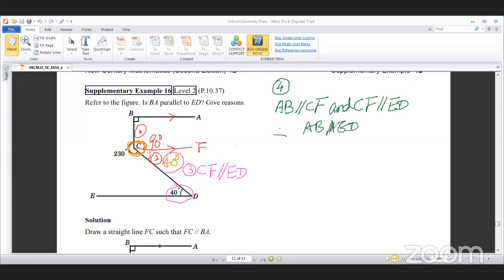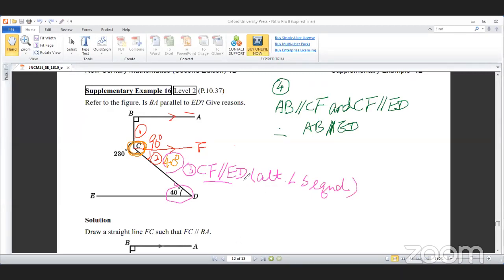For the alternate angles equal, you need to write it when you draw this conclusion. You have to write that this one is 40 degrees, this one also 40 degrees. Therefore CF is parallel to ED, and at that moment you have to write that alternate angles are equal.